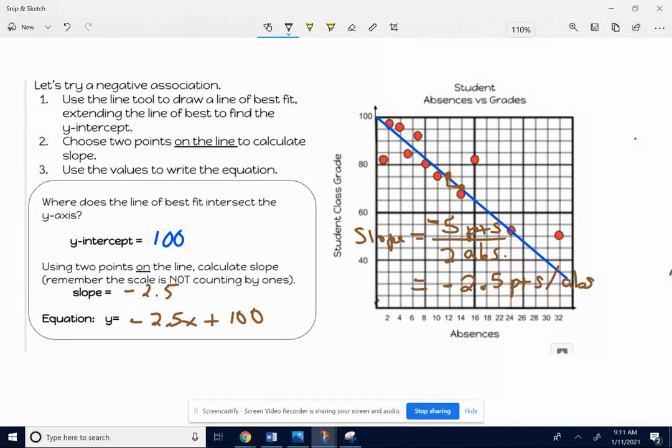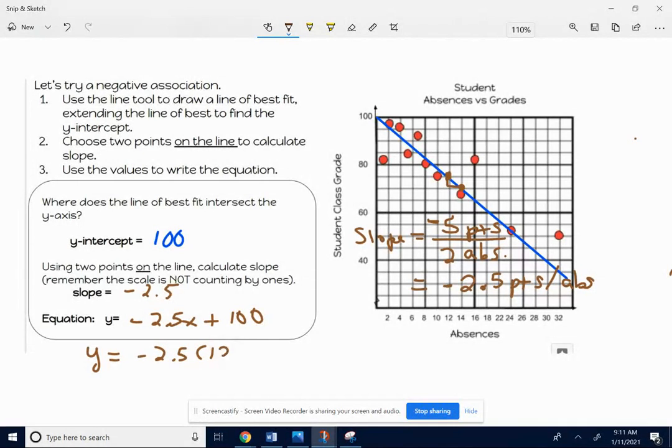On the next slide, it's going to ask to predict for 12 absences, what would be the student's grade? So you could look at 12, go straight up, and see where the line is at 12. It looks to me like it's about a 75. So you could predict it with the line itself, or you could take that value of 12 and put it in for x and use the equation.